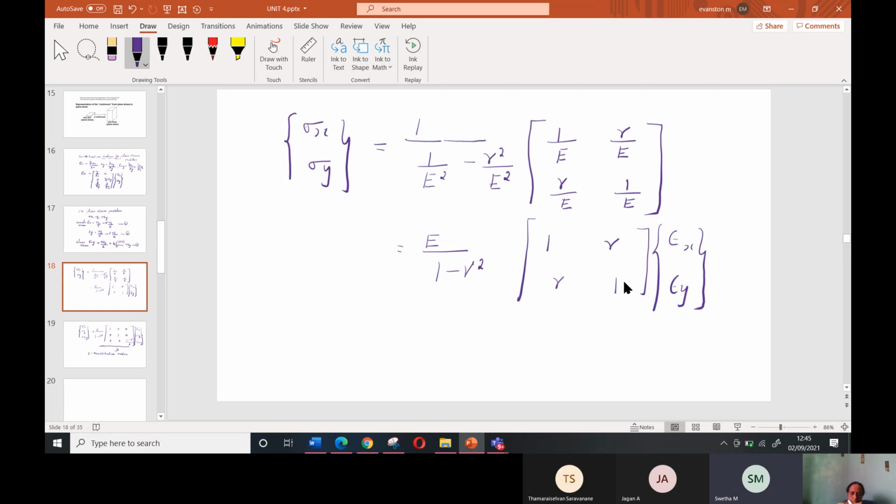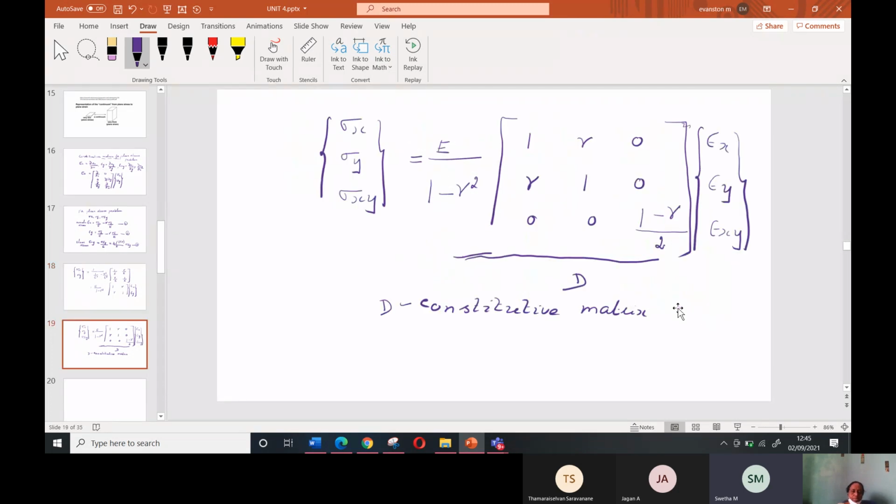Putting nu into epsilon x plus epsilon y, ma'am. Epsilon x and epsilon y. So if you are getting this value, then for sigma xy, it is just the addition of the shear strain. Same thing only.